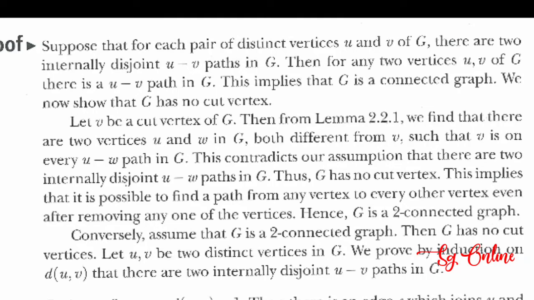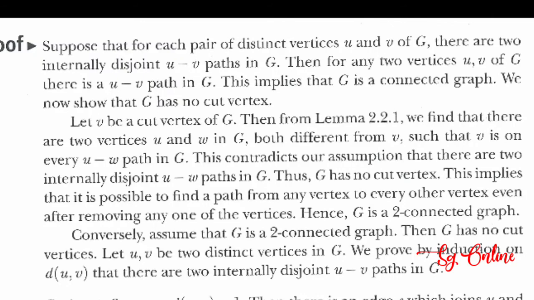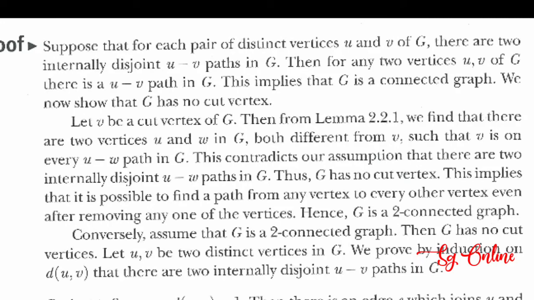Now this cannot happen here, because whenever you take two vertices u and w, you will always get two internally disjoint paths, and v is an internal vertex of one of them, so v cannot be common to the two internally disjoint paths. So the assumption that v is a cut vertex is false, so G has no cut vertex and the graph is two connected. So you see that this part is obvious.